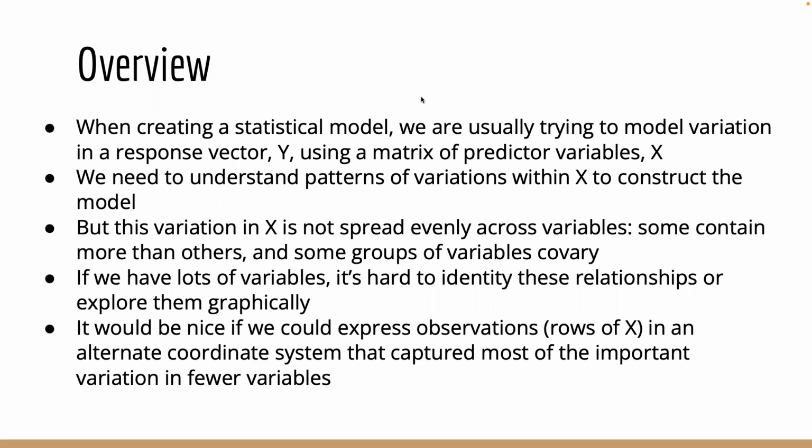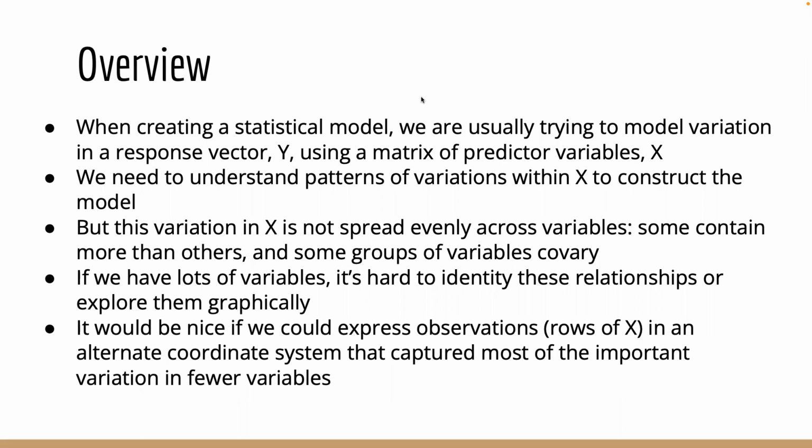And because these patterns of covariation could be complex, it's hard to explore them graphically or by pairwise tests like correlation. So it would be useful if we could extract as much of the variance we're interested in as possible and distill it into fewer variables so it'd be easier to deal with. And principal components analysis, luckily, is a method of doing just that.